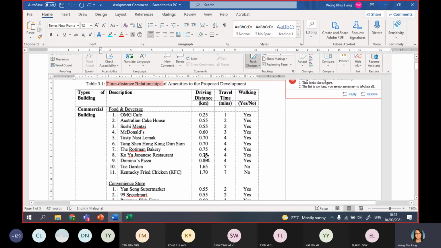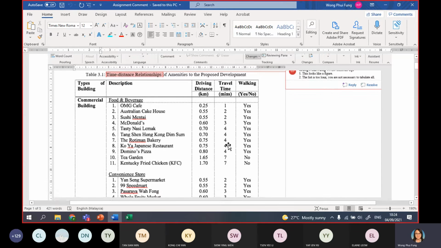Actually, you just detail out some of the major food and beverage, then that will be sufficient already. No need to detail so many. Okay, try to shorten your table, try to shorten your information, because if you have a few already, then it already shows that this area actually has good accessibility and many public amenities. Okay.